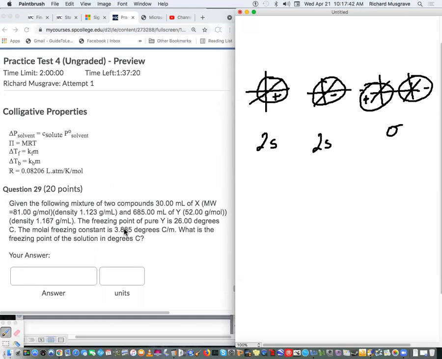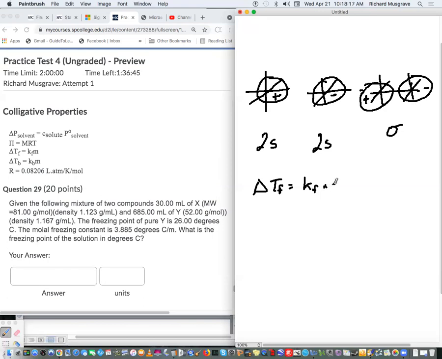Okay, good. So given the following mixture of two compounds, 30.00 mL of X and 685.00 mL of Y. What we're looking for first is the molality, because we're looking for delta TF here, which is going to be KF times the molality, the way I've done it in the past.